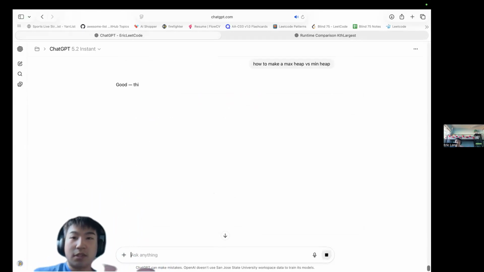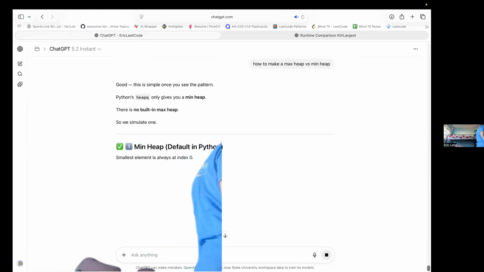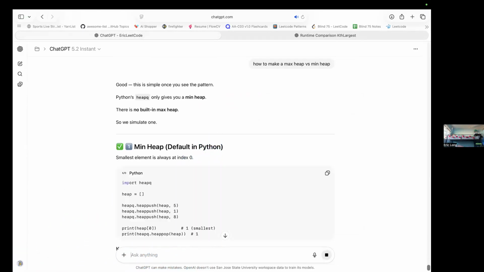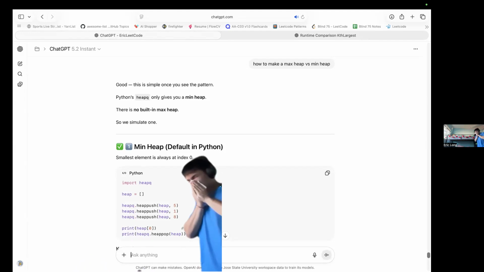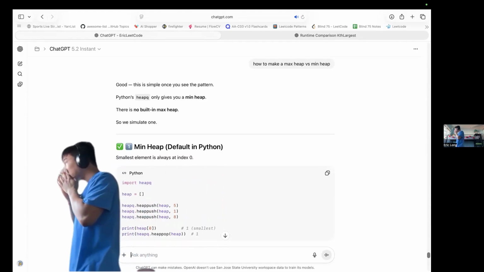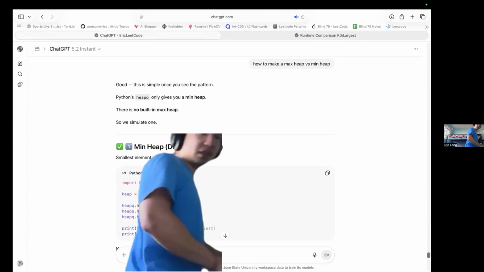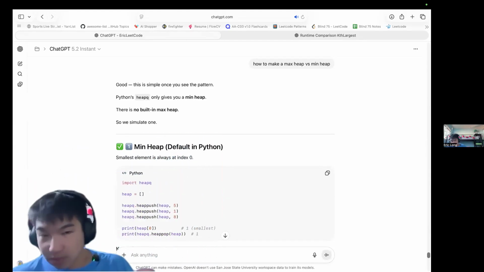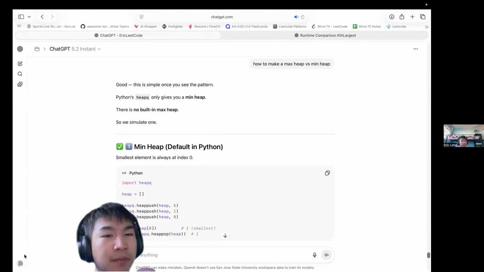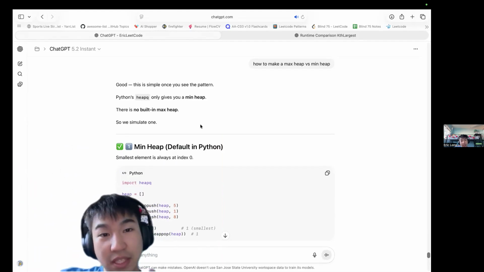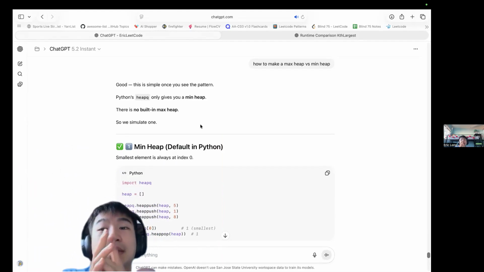What even is the difference? Do you have a command? Ah, there's no built-in max heap. Okay, I never knew that. It's a first.